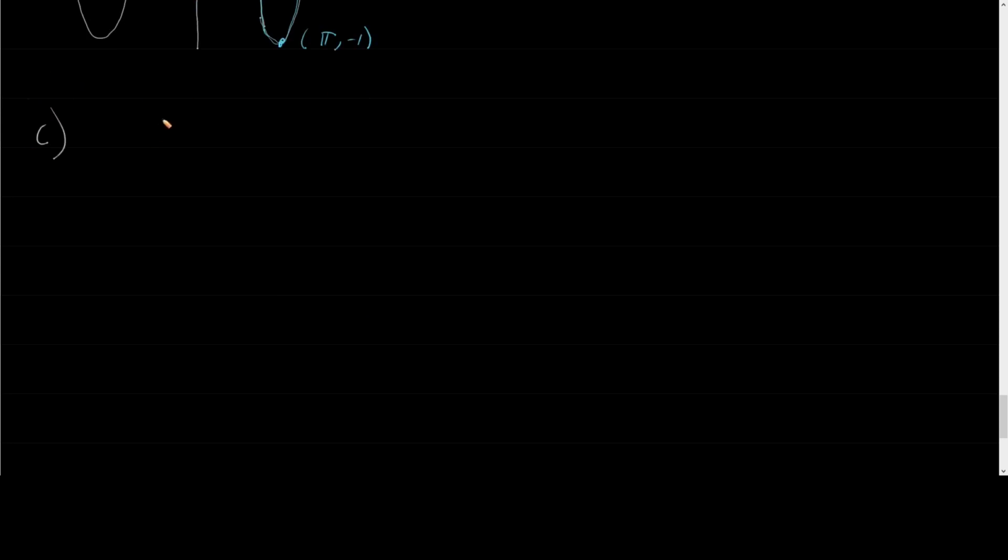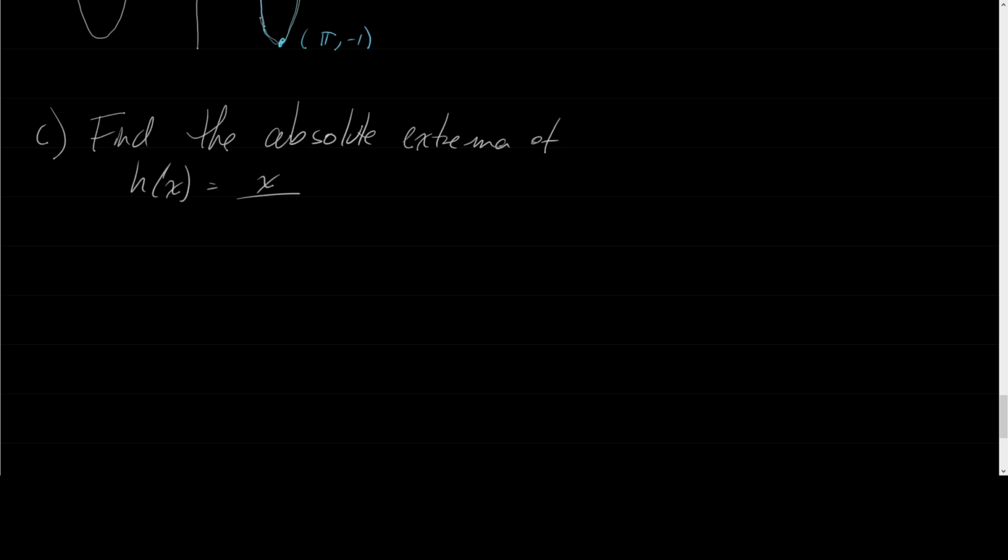So in example C, let's find the absolute extrema of h of x equals x over x plus 3 on the interval from -1 to 6. And notice here I'm doing a closed interval.